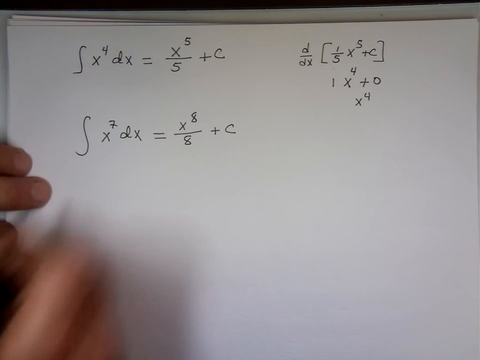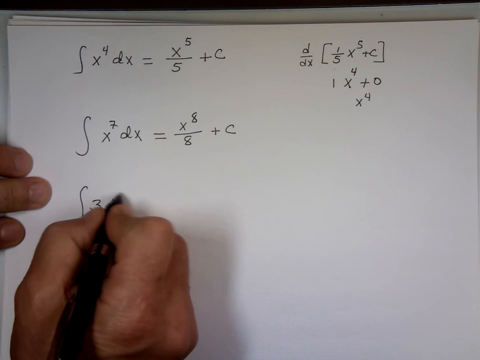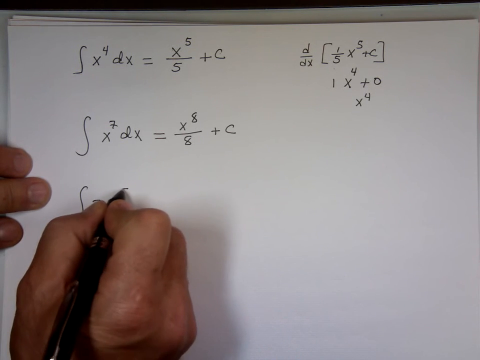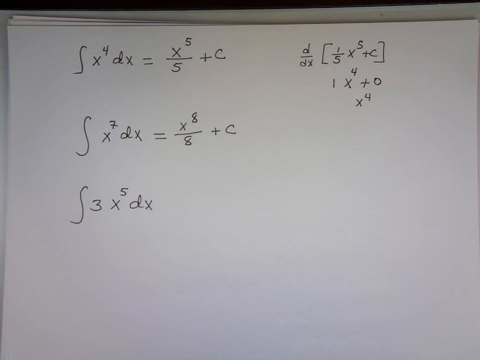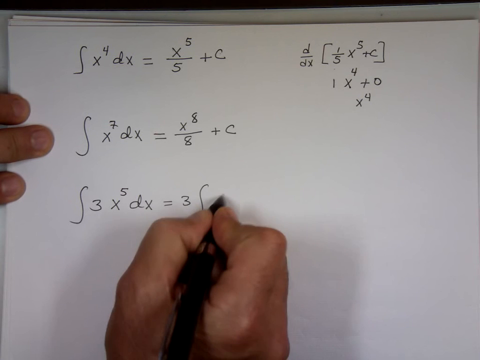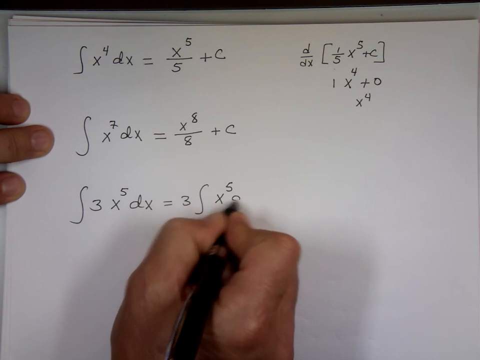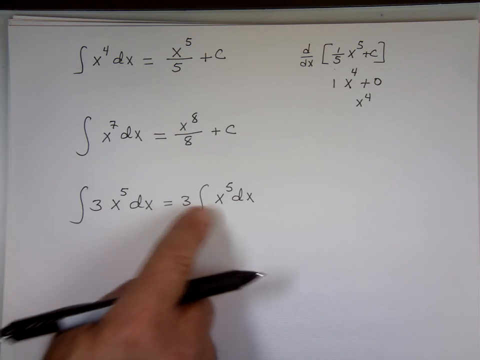What is the integral of 3x to the 5 dx? I just said if you have a number, what can you do with the number? Move it to the front. And what's the answer to x to the 5th?